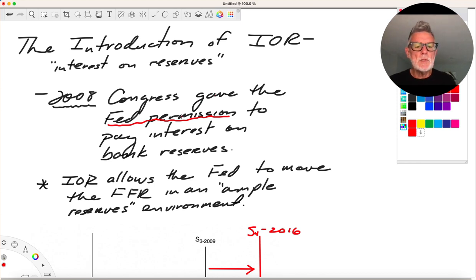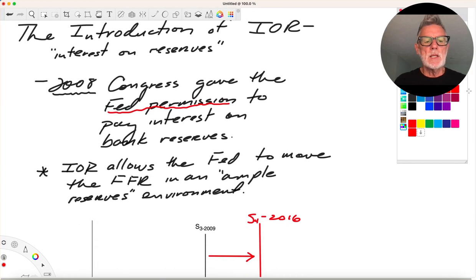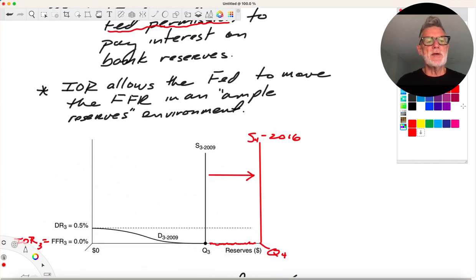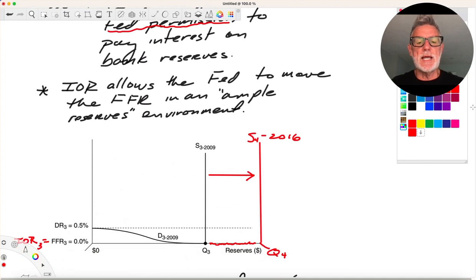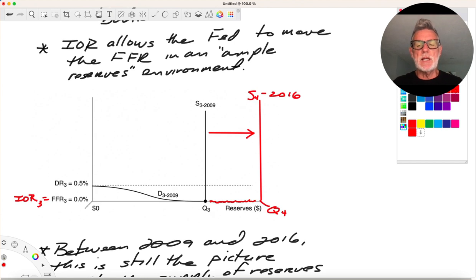All right. So let's go ahead and move on, and let's dive into this interest rate on reserves idea. The interest rate on reserves allows the Fed to move the federal funds rate in what we call an ample reserve environment. If you look at the history between 2009 and 2016, we come out of this financial crisis, this housing crisis in 2009, but the financial markets are still very weak and fragile, and there's been a loss of confidence, frankly.